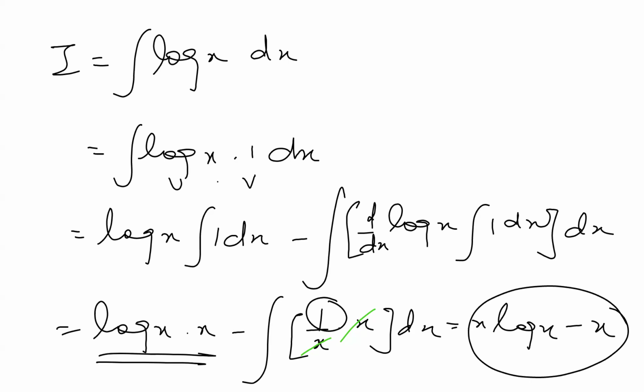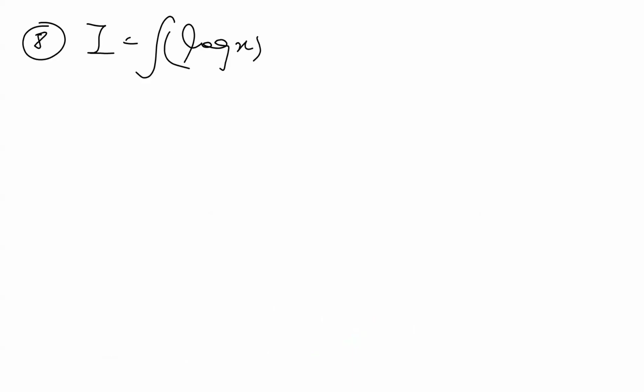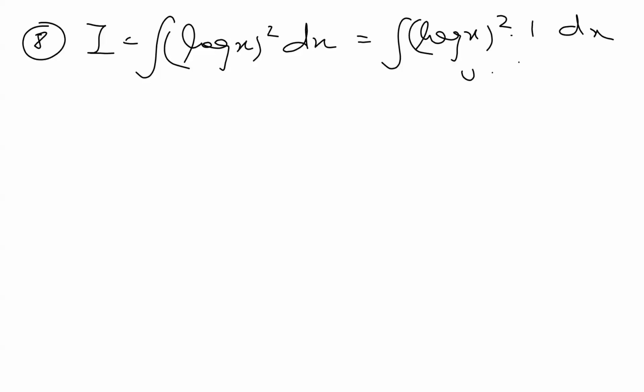So this extra problem you should know. Log terms, how to tackle them, that you should know. Eighth problem, integration of (log x) the whole square. So we'll write this as (log x) the whole square into 1, u into v.